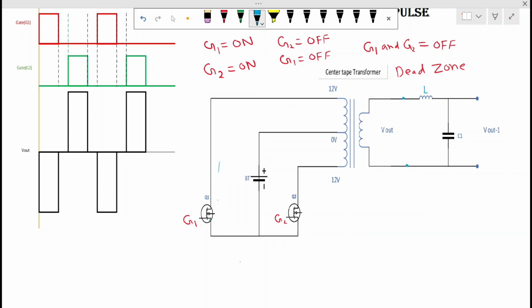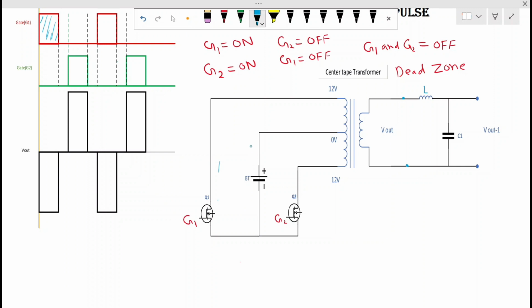So when, let us zoom here, G1 is on, this gate pulse is on. That gate pulse is G1, this one. So this transistor is on. When this transistor is on, you can see the battery loop becomes a closed loop. So what will happen?